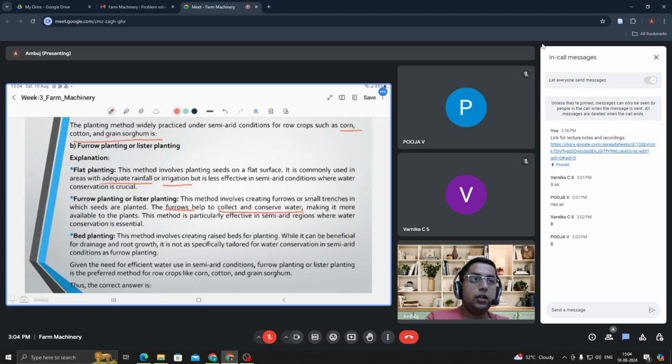Another option was bed planting. This method involves creating raised beds. While it can be beneficial for drainage and root growth, because the root growth is happening in tilled soil conditions, it is not specifically tailored for semi-arid conditions where water conservation is essential. That is why the correct option would be furrow or lister planting, which is B.